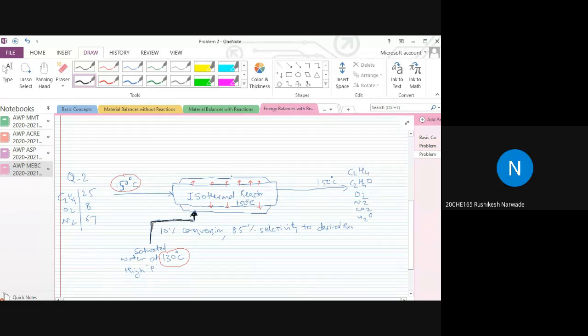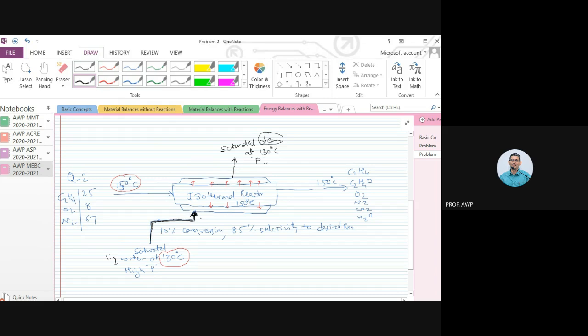Its temperature will increase. Sir, it will boil. I will get saturated steam at 130 degrees centigrade and the corresponding higher pressure. I want to convert liquid water into steam.